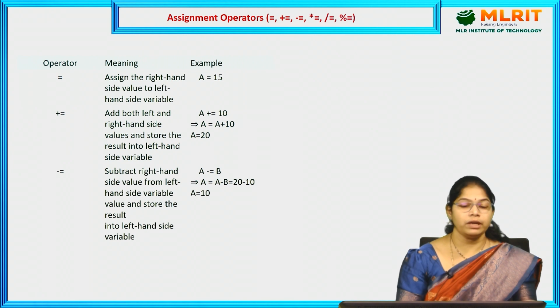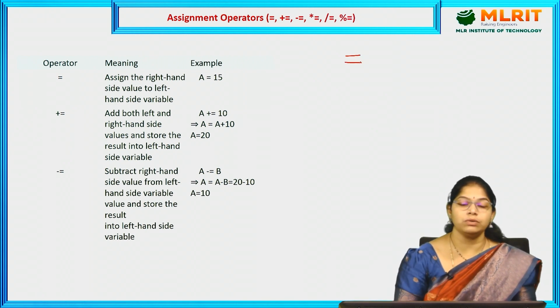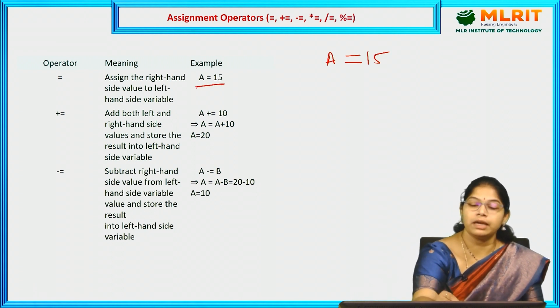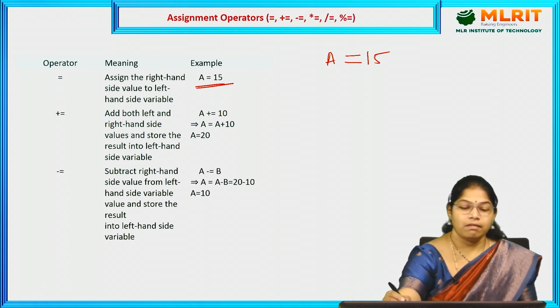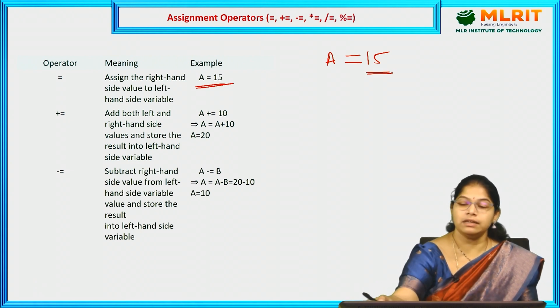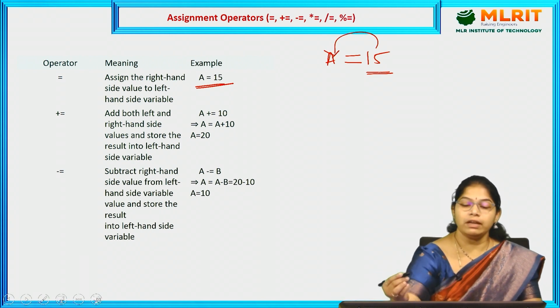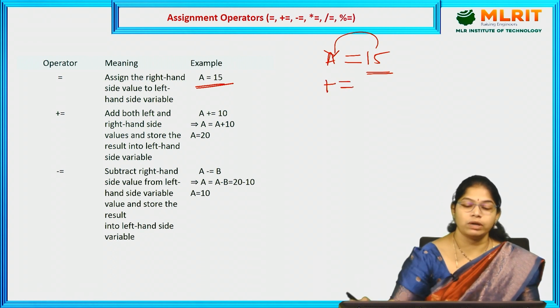Then assign operator. Assign operator is represented with the symbol equal to. Let us suppose A equal to 15. Here we have an example, A equal to 15. That means it assigns the right hand side value to the left hand side variable. So here A value is 15. Let us suppose we have A plus equal to.